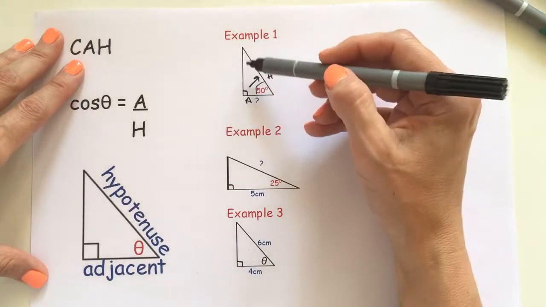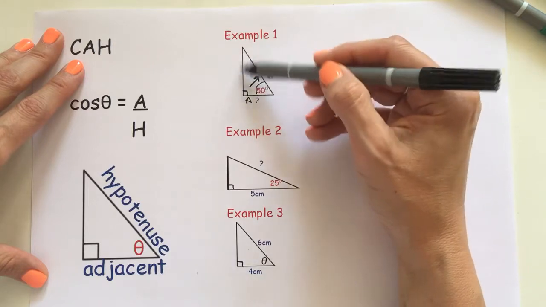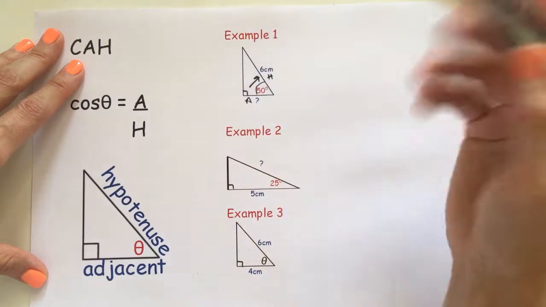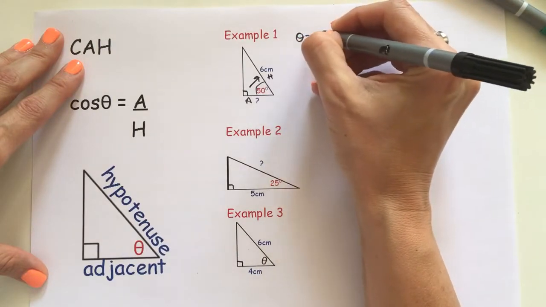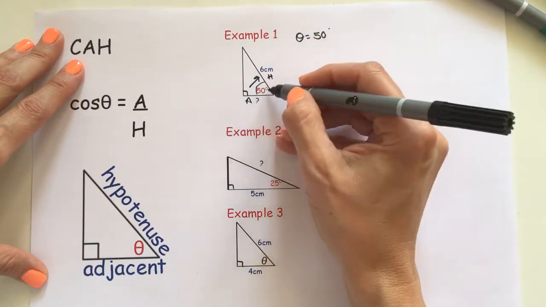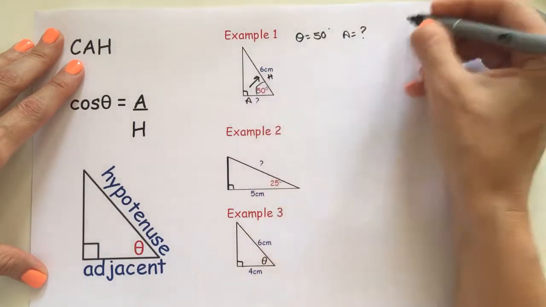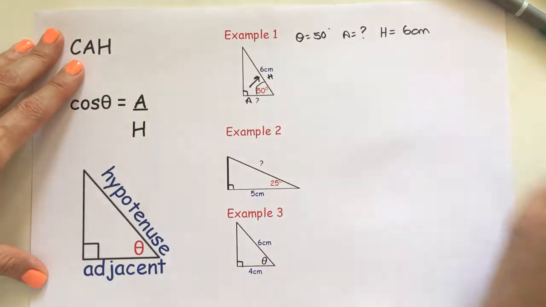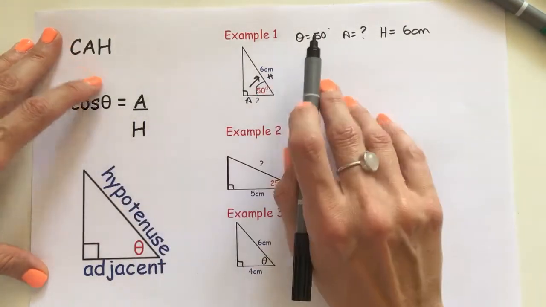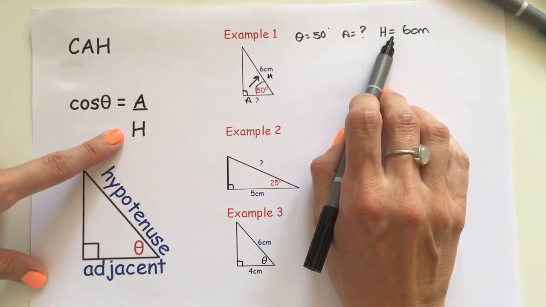Now there's no reference to this length here, we don't need it, we need A, and we're not given it. So this question just involves an angle theta, 50 degrees, the adjacent length, which is what we are required to find, and the hypotenuse h, which is 6 centimeters. So it involves theta, A and h, so that's why we use cos.